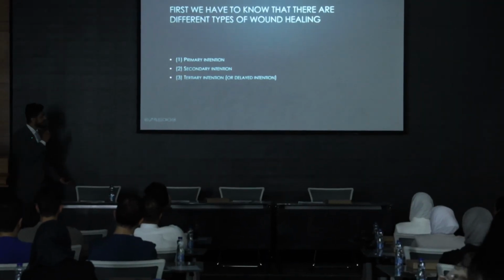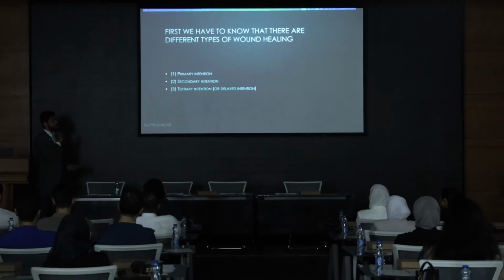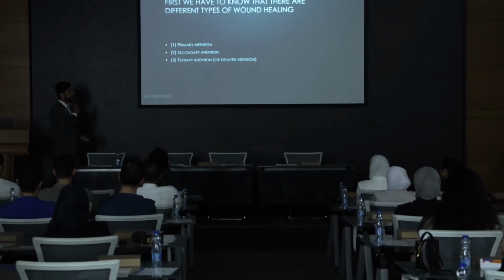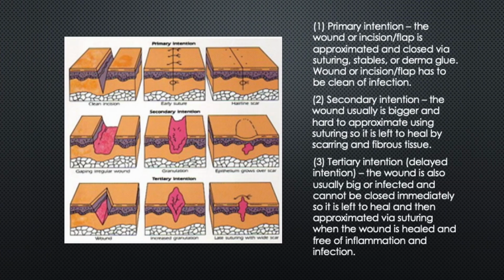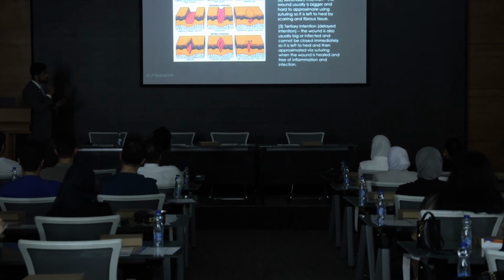I'm sure you guys already know that there are 3 types of wound healing: primary intention, secondary intention, tertiary intention, or delayed intention. So as you guys know, primary intention is when we approximate the edges of the wound or laceration. The wound or laceration has to be clean, free of infection or blood.